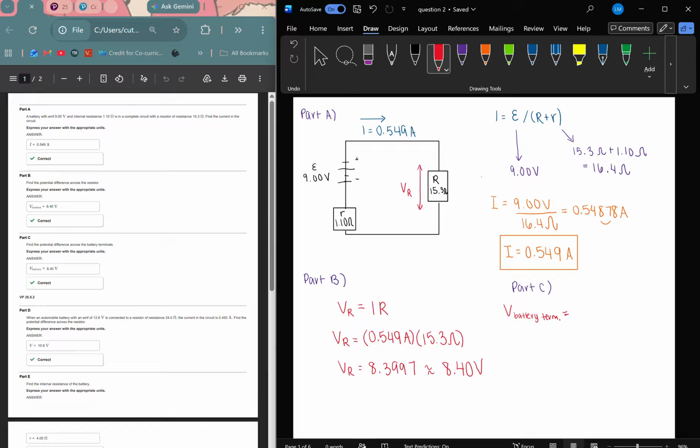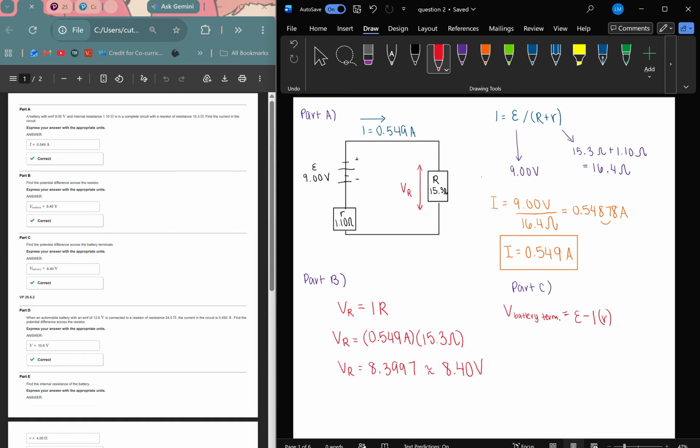To do that, we have to use the electromotive force up here, and subtract from it the current I times the small resistor. So hold on, let me finish writing: electromotive force, subtract the current times the internal resistance.